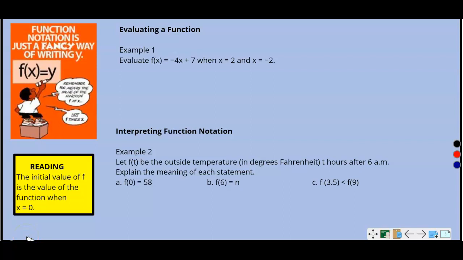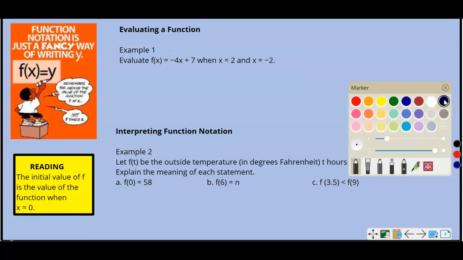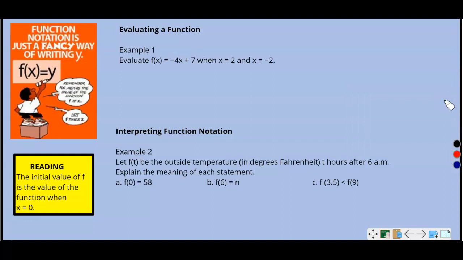All right, so evaluating a function. Example 1: evaluate f of x equals negative 4x plus 7 when x is 2 and x is negative 2. So it's giving you two different input values, and it wants you to evaluate this function. So we're going to put the name of the function. The first one says f of 2, because it says let x be 2, equals negative 4x plus 7.